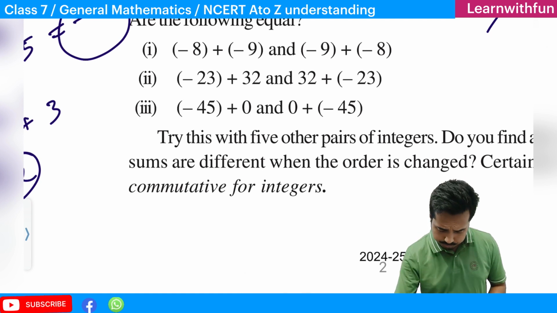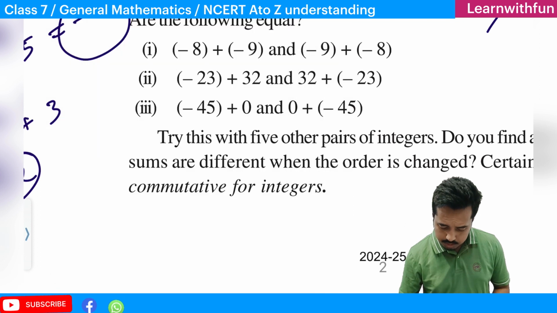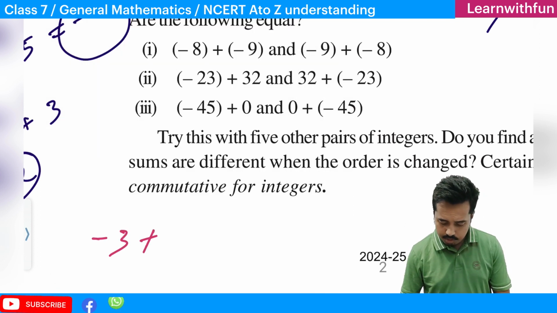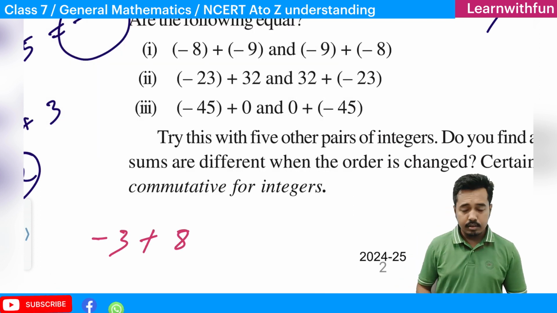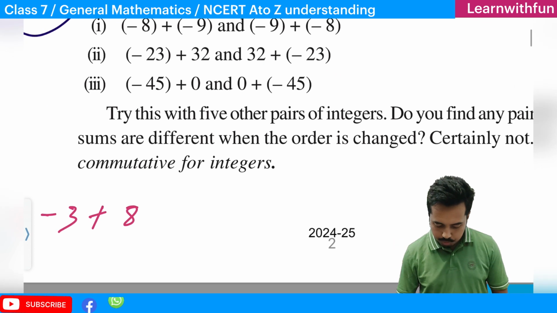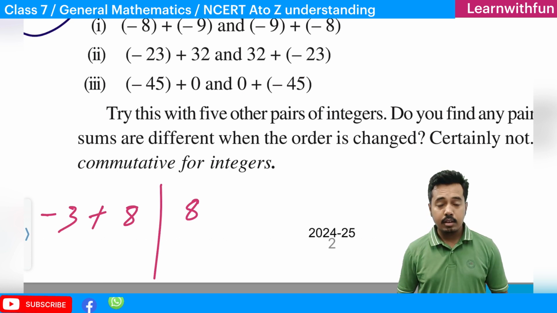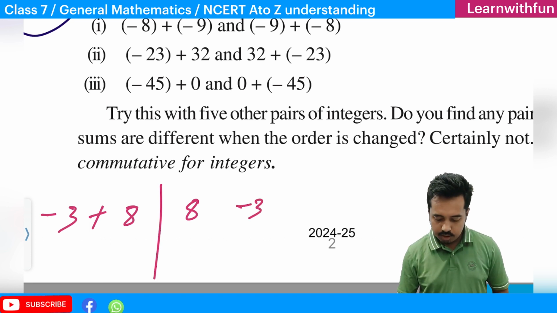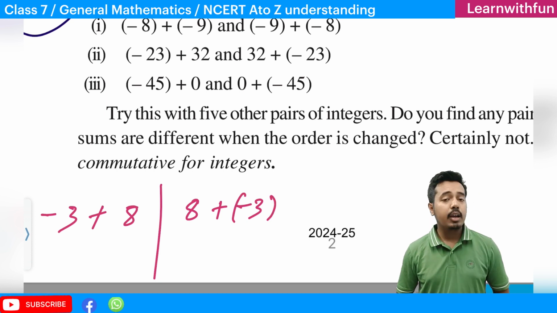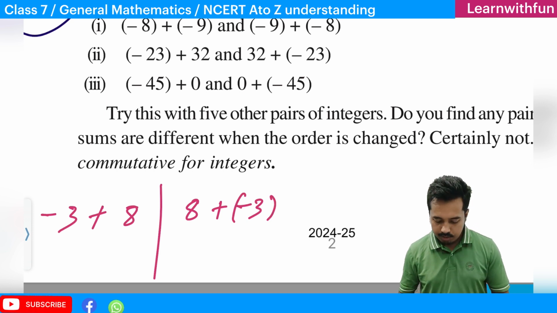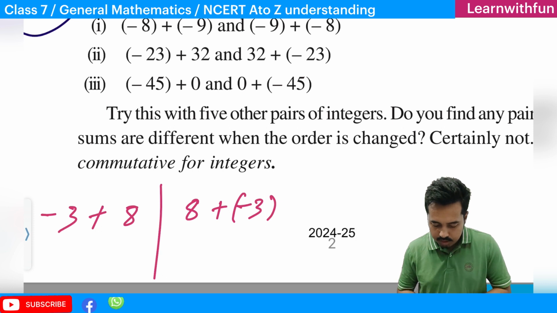Let's take another example. The next example is -3 plus 8. Okay, now we will exchange their positions, that is we will take 8 in the first position and -3 in the second position. We are discussing the operation addition, that is why we have taken the sign plus in front before -3.